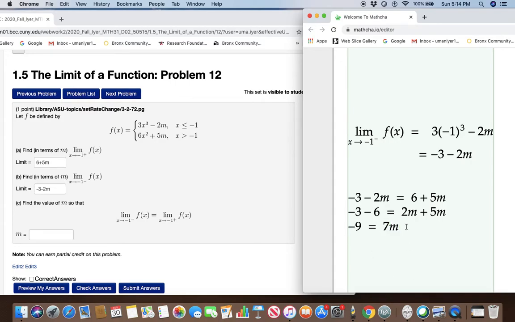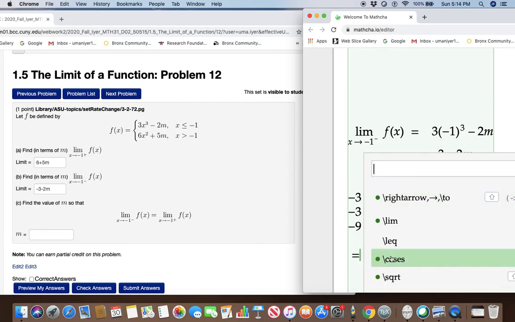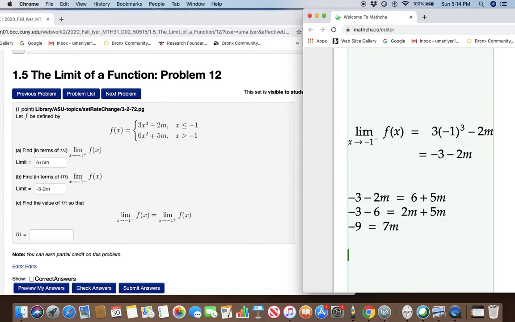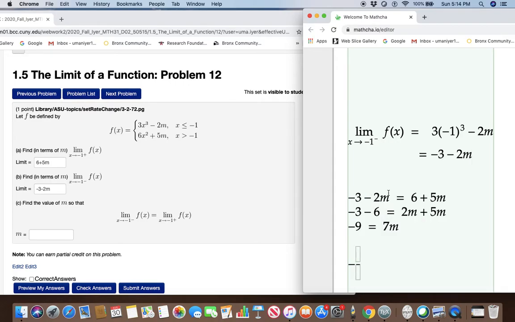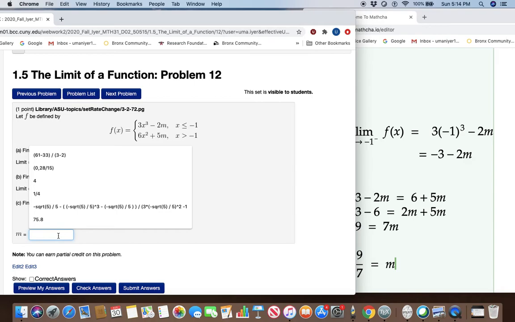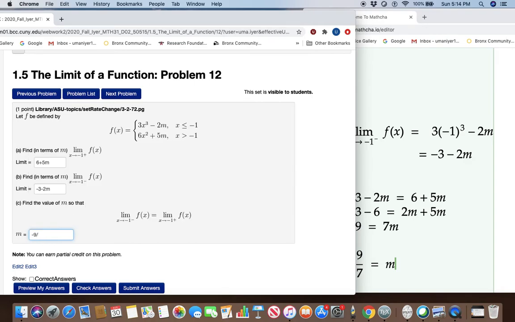Let's divide both sides by 7. You get negative 9 over 7 equals m. So m should be -9 over 7.